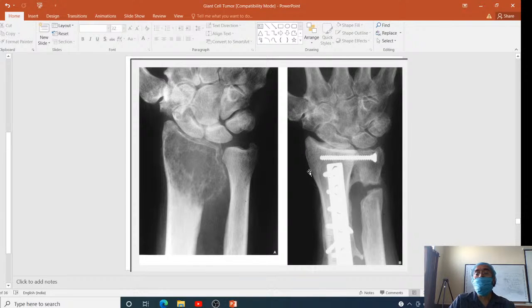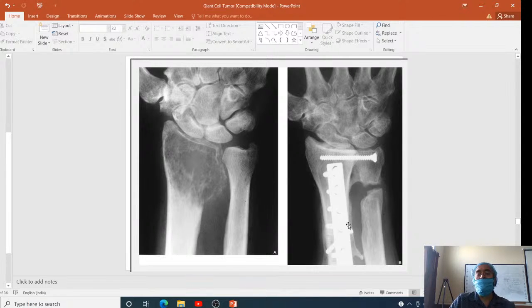This is the fibula which we have modified as the lower end of the radius. So the fibula is coming and sitting in place of the radius. Up to here we have cut, and we put that bone here and put a plate connecting these two.